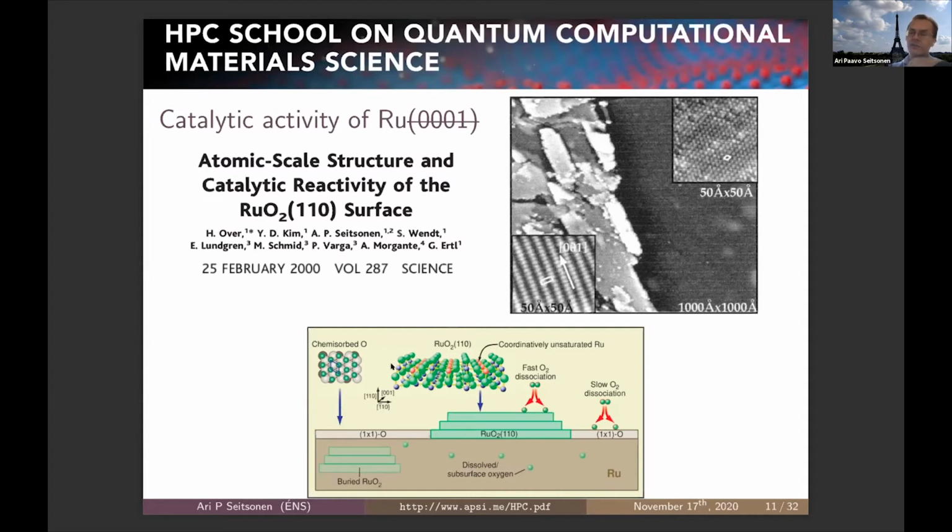That's the rutile system, and the preferable direction there is the so-called 110 direction, which exposes some atoms towards the vacuum, or towards the reactants. This was the origin of our explanation of the change in catalytic activity. The ruthenium gets oxidized, and it provides sites also for the CO to adsorb.